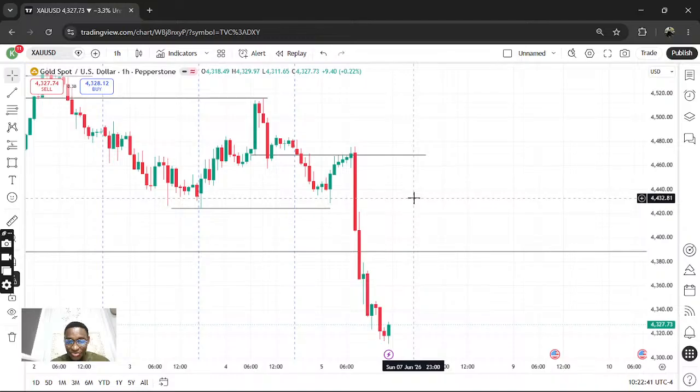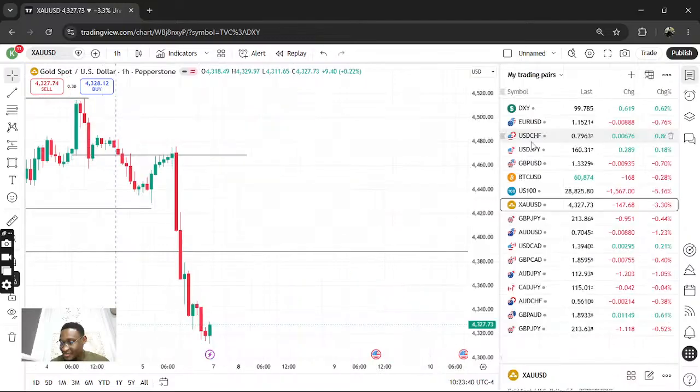You can just type the name of the chart you want us to analyze, and I will do so. Write it in the comment section, a particular pair that you want us to analyze, and I will do so. But for now, let's analyze what happened with GBPUSD.